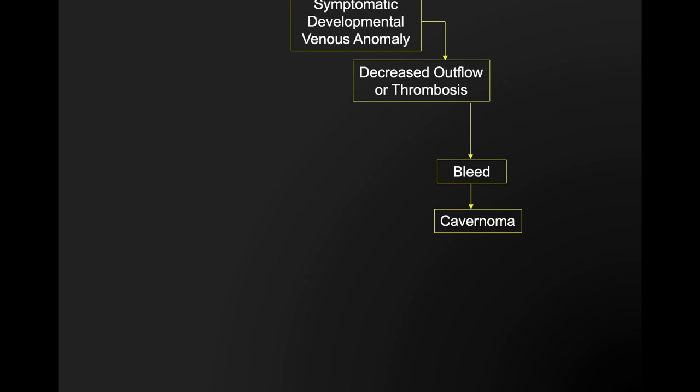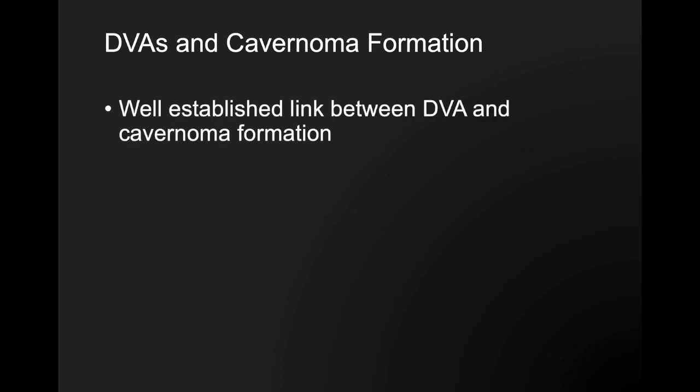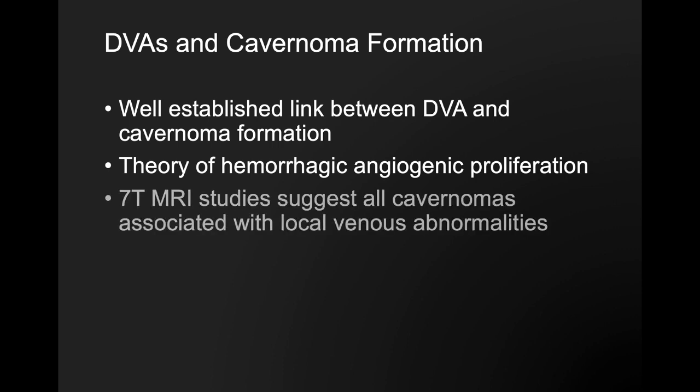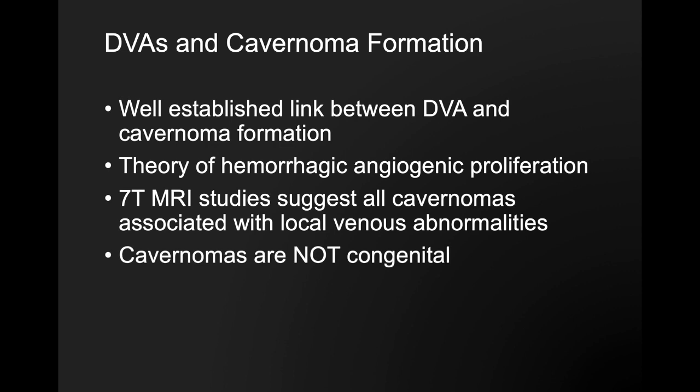So DVAs are the precursor to cavernoma formation in a vast majority of cases. It's a well-established link, and there's a theory of hemorrhagic angiogenic proliferation. And there have been a number of 7T MRI studies that have suggested that, in fact, all cavernomas are associated with local venous abnormalities, in particular developmental venous anomalies.